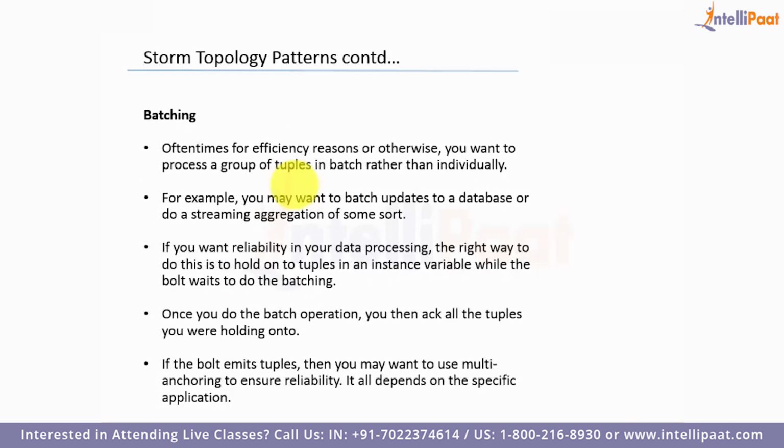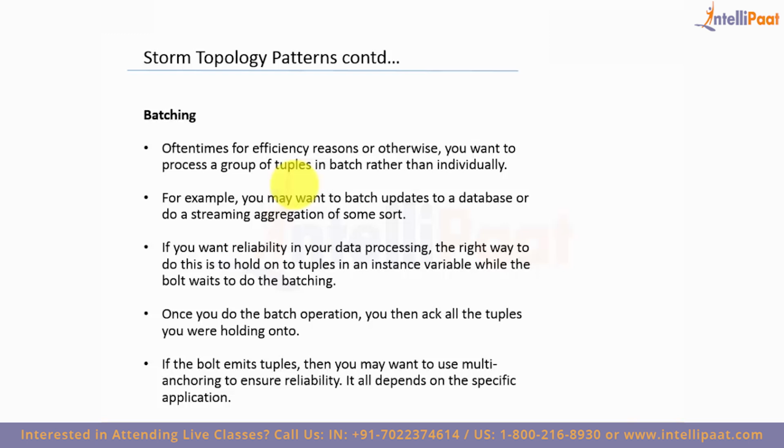Moving ahead from joins, the second topology pattern that I have is batching. Many times, for efficiency reasons or otherwise, we may want to process a group of tuples in a batch rather than individually. The most common reason I can think of is overhead. For example, say I have 5 persons in a room and I want to serve all of them a soft drink.